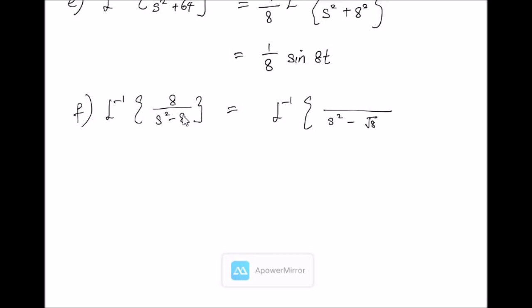Okay, so how to do? We need a square root, and 8 cannot be square rooted nicely. So what I do is take the square root and square, so I will get back the same value. Okay, so in order for this, let's check what we have in the table of Laplace transform.